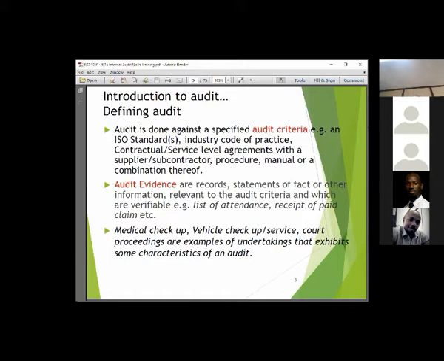Medical checkup, vehicle checkup, court proceedings are examples of undertakings that exhibit some characteristics of an audit. For a medical checkup, just like any other audit, the doctor is the auditor. You go there as the one being audited. They'll check against their criteria, what is required for a normal human being. Like this time of coronavirus, and I'm glad that all of you look very healthy.